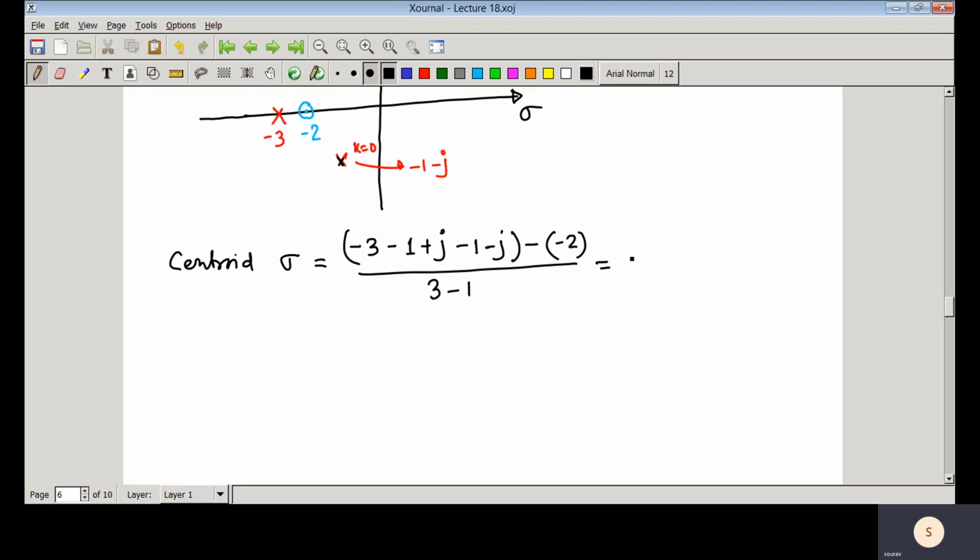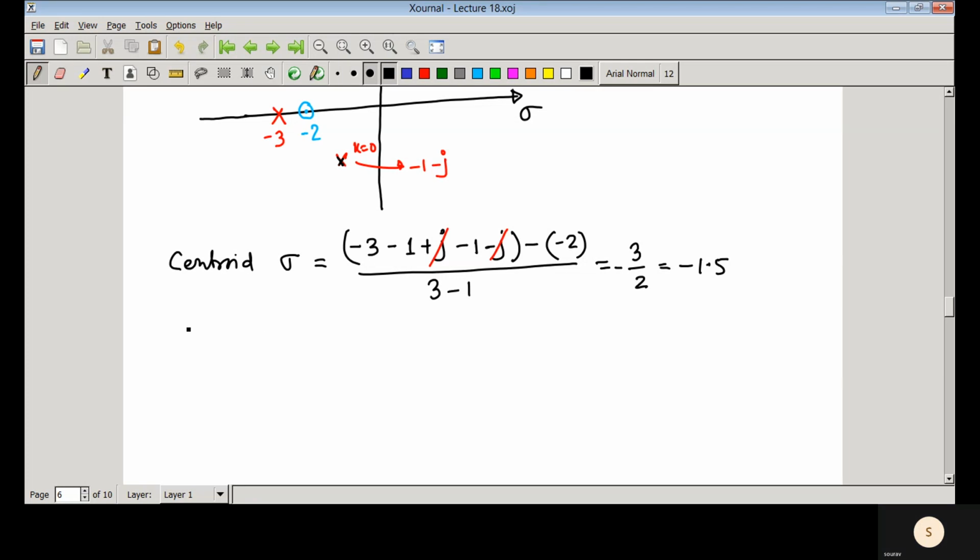One interesting thing is that as the poles are complex conjugate, the j terms cancel out, and this value is minus 3 minus 4 minus 5 plus 2, so that is 3 by 2, minus 3 by 2, that equals minus 1.5. So that is the centroid.